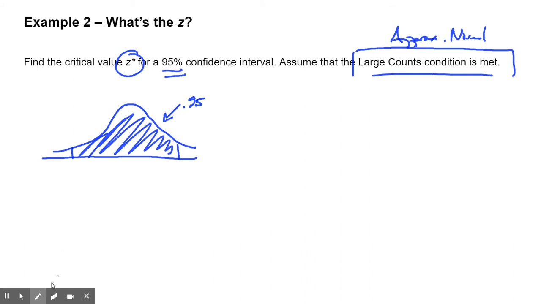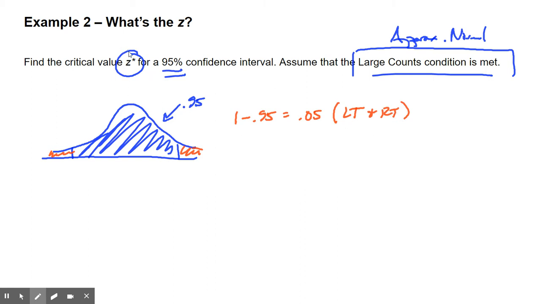So that means we have 2 tails here and here. Now, these 2 tails will be identical, okay? And they're going to add up to what's left over. Well, 1 minus 0.95 is 0.05. That's the sum of both tails. So this represents the right and left tail.